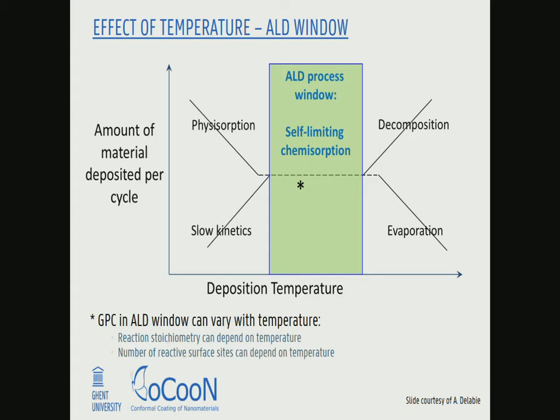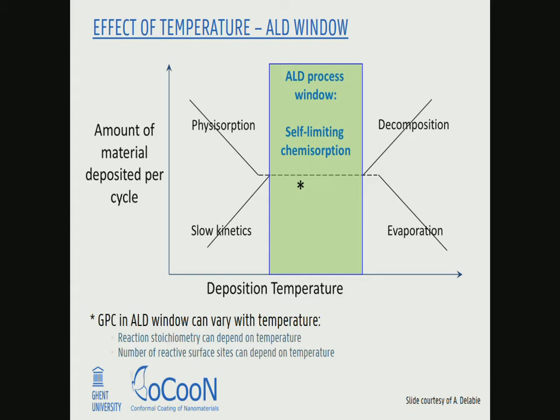Very often if you're at too low temperature, nothing happens anymore because you don't have enough energy to activate the chemical reactions that are needed. On the high end, you can start decomposing your molecules, or you can have thermal evaporation, or molecules that should stay on the surface for the reaction to continue are just desorbing. So in those regimes you don't want to be.